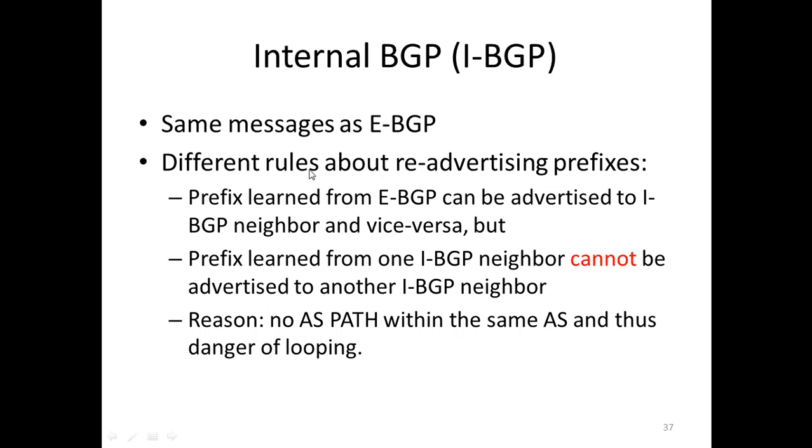The different rules that need to be followed are these: a prefix learned from an eBGP neighbor can be advertised to an iBGP neighbor and vice versa, but a prefix learned from an iBGP neighbor cannot be advertised to another iBGP neighbor.